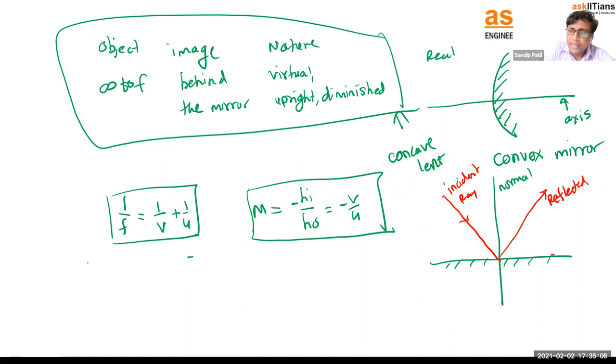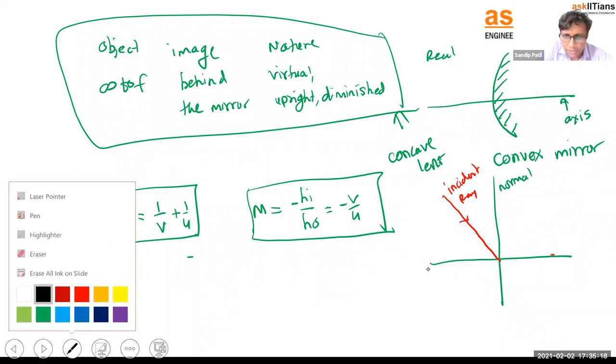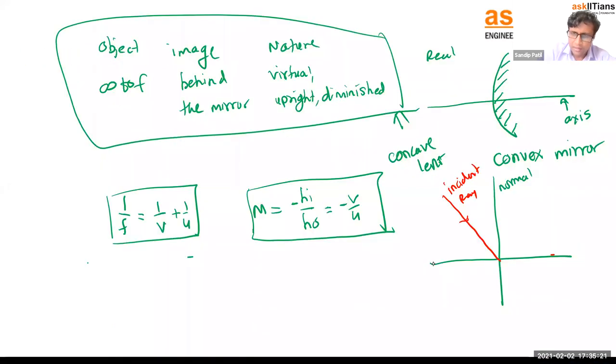Now consider, instead of using this mirror, what I'm going to do is use a normal slab. It could be a glass slab, right? So this is the slab, we can say. So we just have to use a second material here. You can consider it like that.